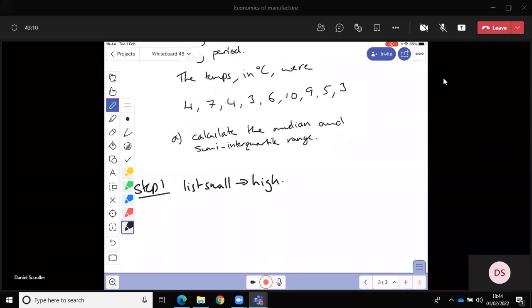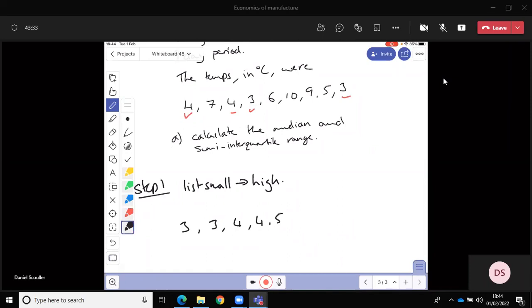This is a case of just going through those numbers and ticking them off as you go along. Your smallest number is 3. It was 3, 3, 4, 4. As you go along, just tick them off. Make sure you've not missed anything.